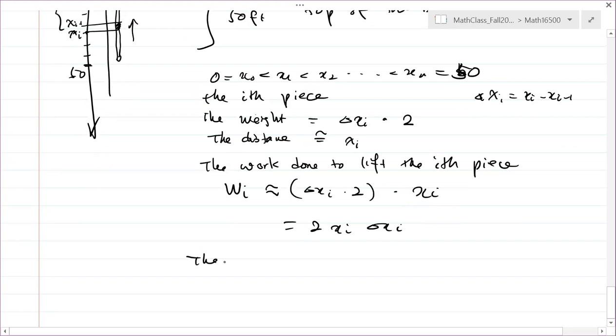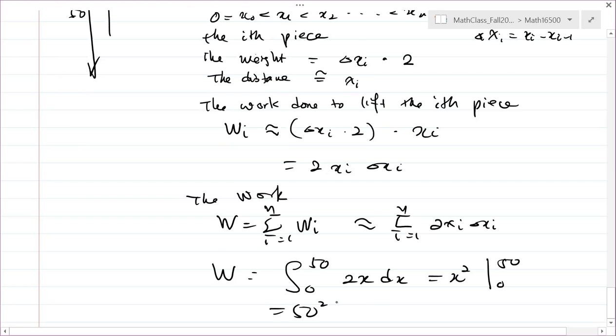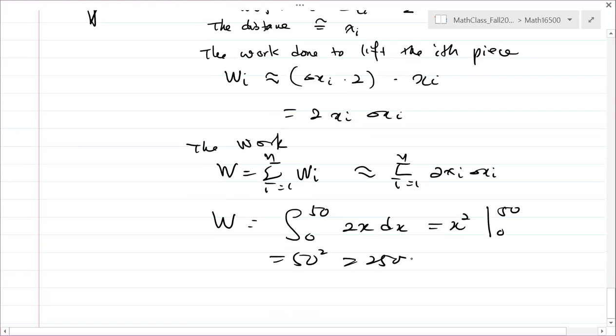The total work W is going to be the sum from i equals 1 of 2xi delta xi. After you take the limit, it's the integral from 0 to 50 of 2x dx. This is x squared from 0 to 50, that's 50 squared, 2,500 pound-feet.